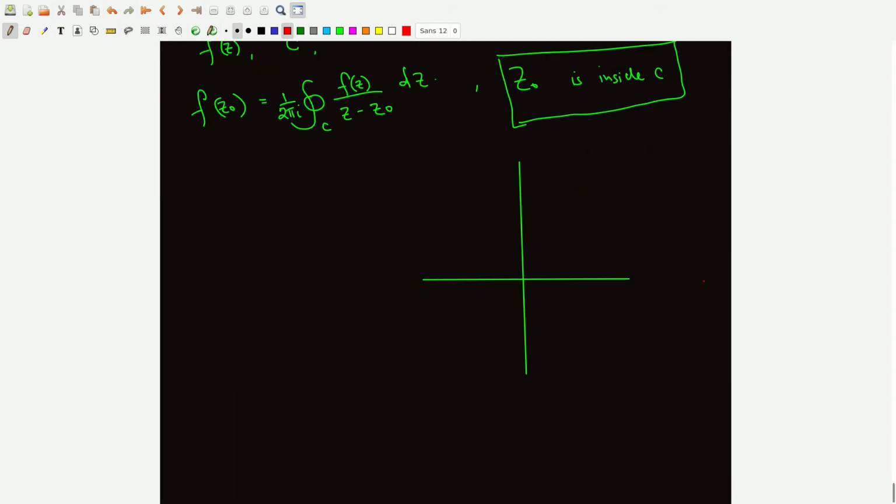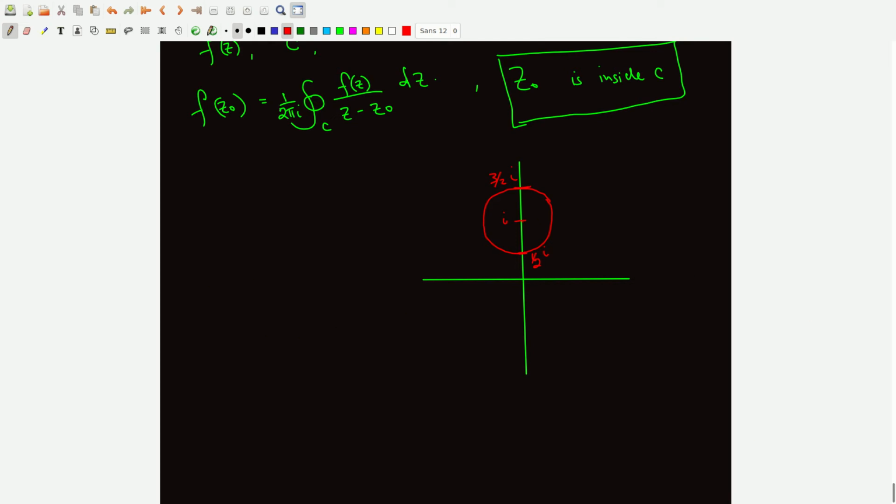So if that is 1/2 i, and this is i, so this should be 3/2 i. Okay, so that is the circle we have.